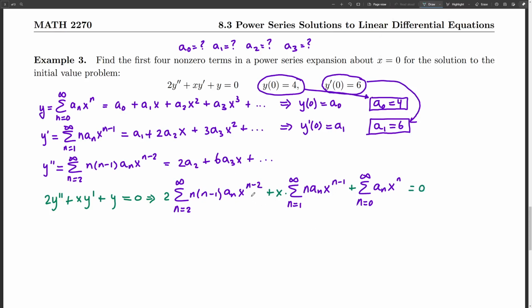So now we want to simplify this, and then combine those power series.